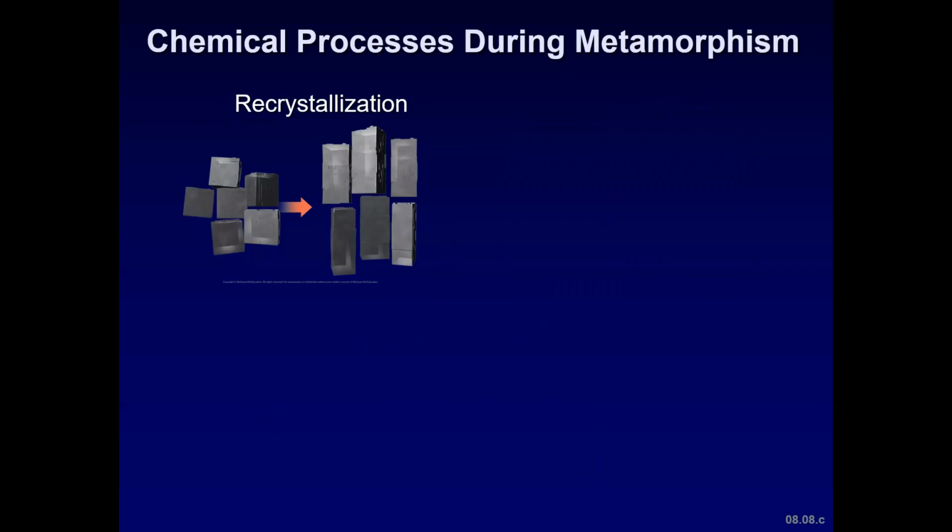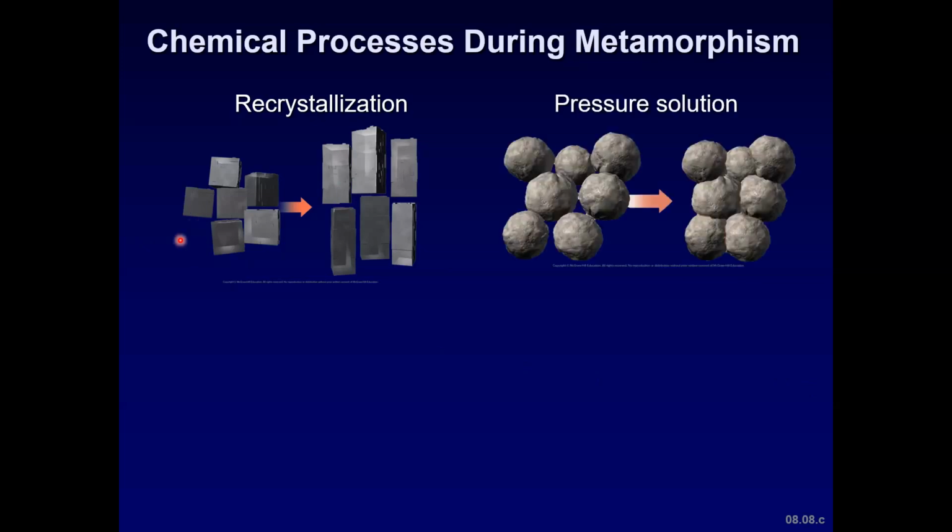Okay. So there are chemical processes during metamorphism. We'll start off with recrystallization. Existing minerals can recrystallize or new minerals can grow during metamorphism. You could have pressure solution.